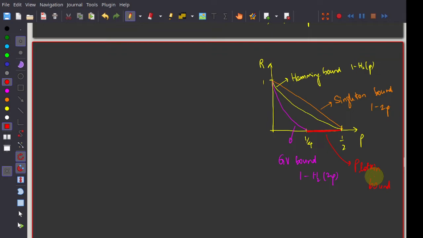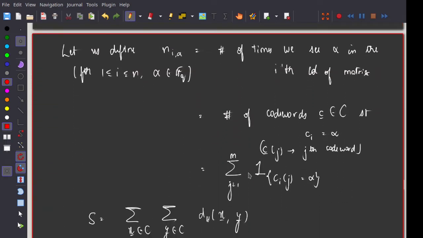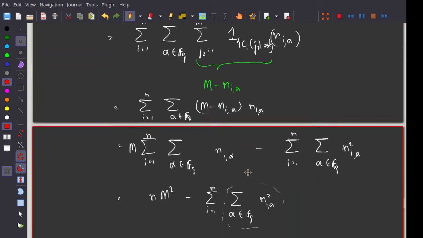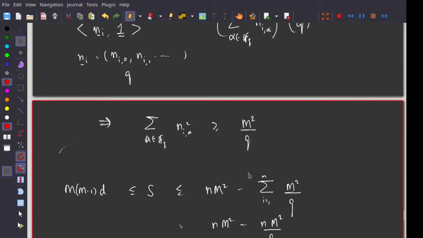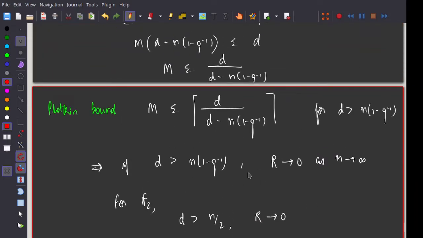This is for binary codes, asymptotically large n. But in general, this is a very tight bound. So for large minimum distances, this says that it is impossible to get positive rate.